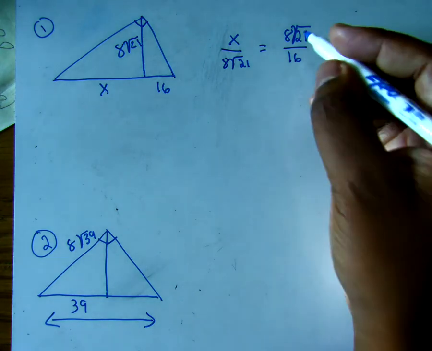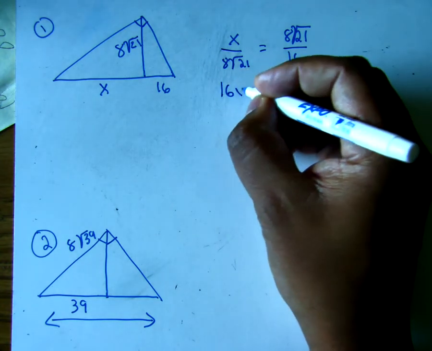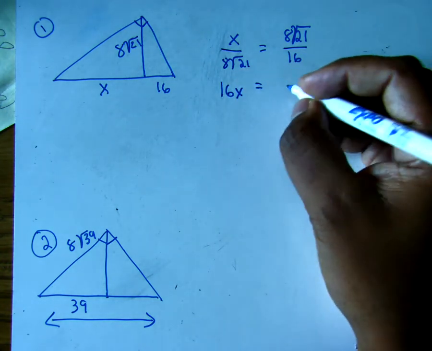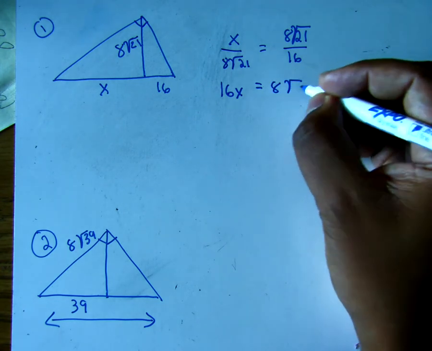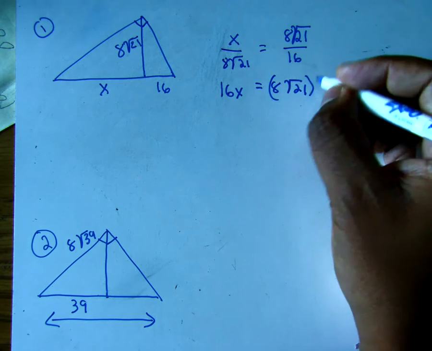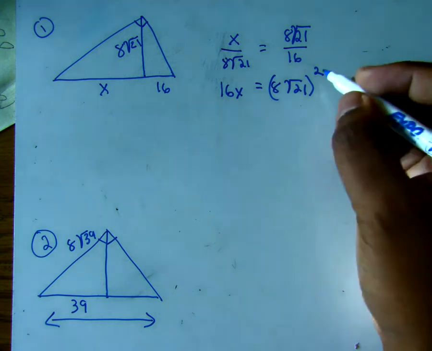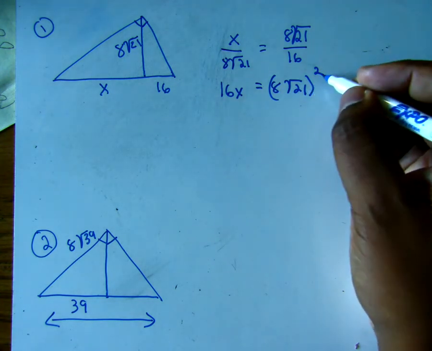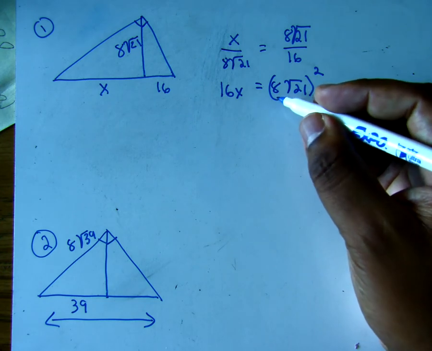Now I'm going to cross multiply here. And that's going to get us 16x is equal to 8 square root of 21 squared. Now with this raised to the power of 2, you want to take the 8 and multiply it times itself.